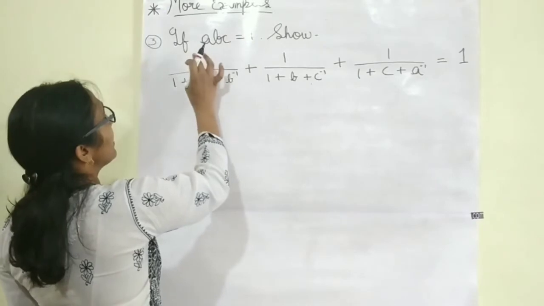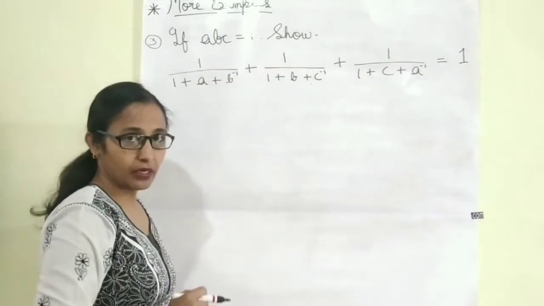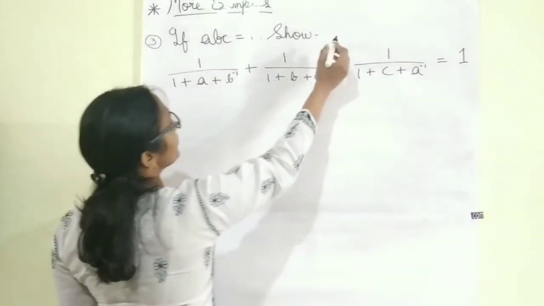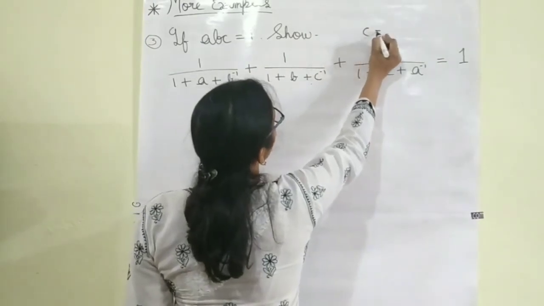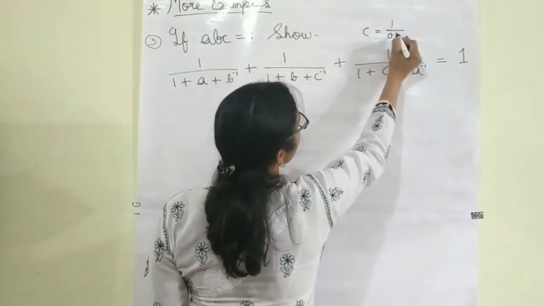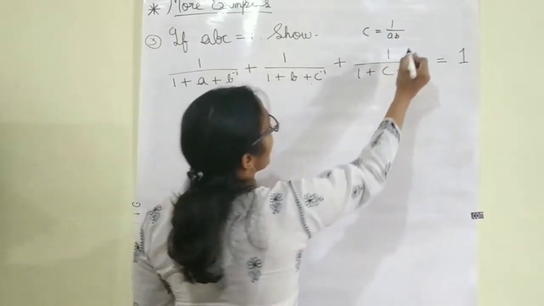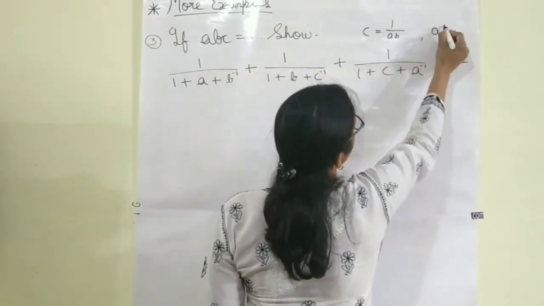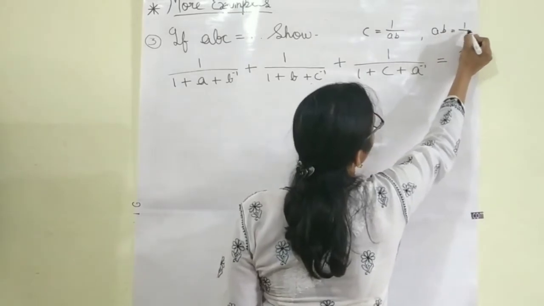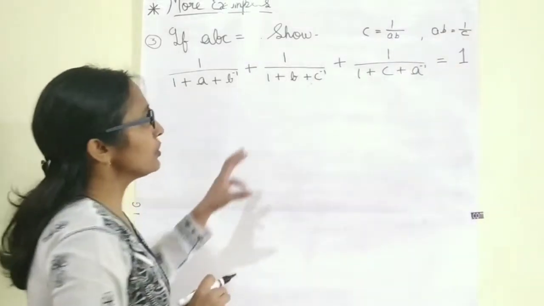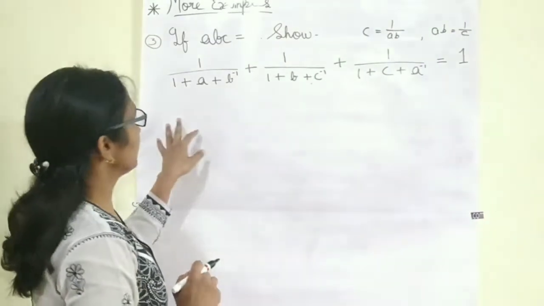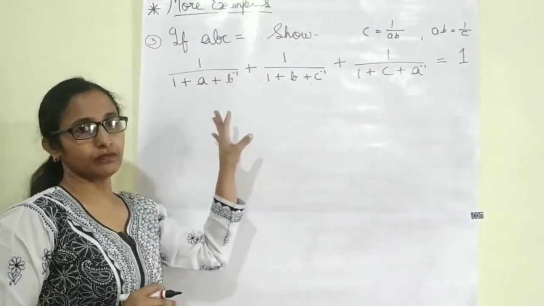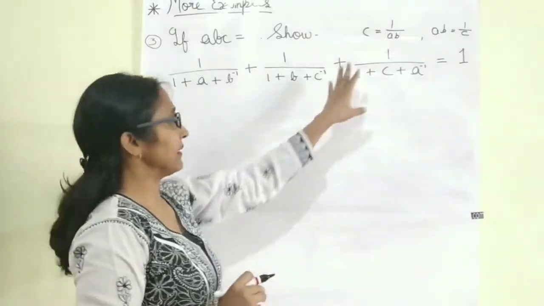Since abc equals 1, we can write c equals 1 upon ab and ab equals 1 upon c. Actually, I have to write these two things here, but due to lack of space, I am not.